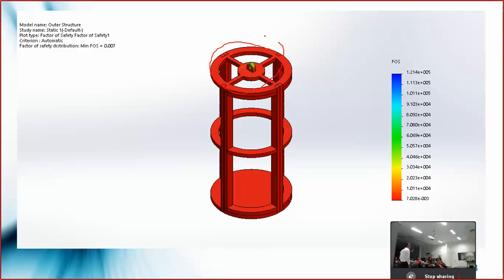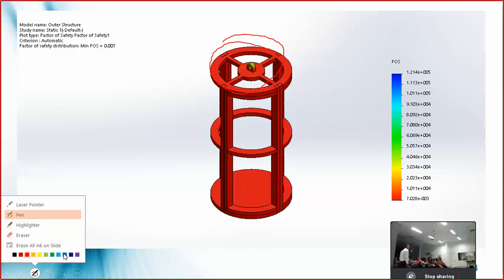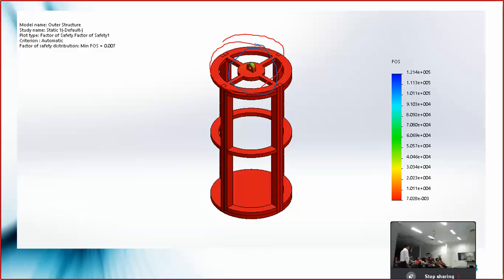At this ring we have the highest stress, and the minimum factor of safety is 7 of 1000.